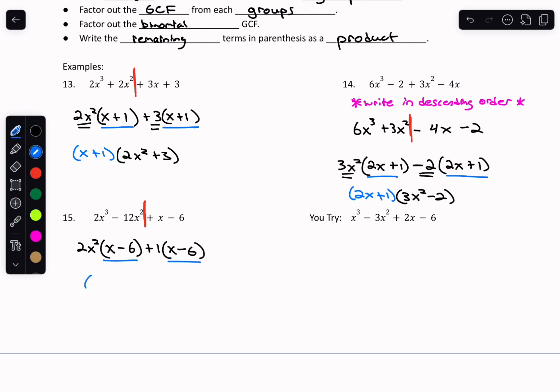And when I pull this x minus 6 to the front, it's going to leave behind a 2x squared and a positive 1. If you don't pull out that positive 1 though, you might not realize that it's even there. So you might try to pull the x minus 6 to the front and leave nothing behind. So very important we write that positive 1 there to remind us that when we pull the x minus 6 to the front, we still have that plus 1.